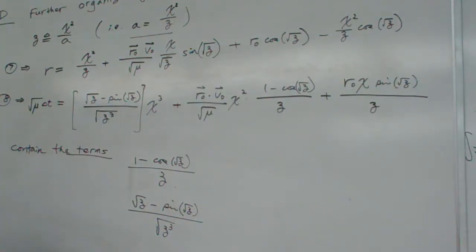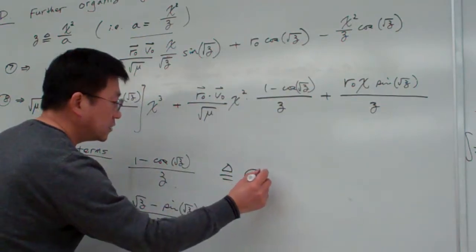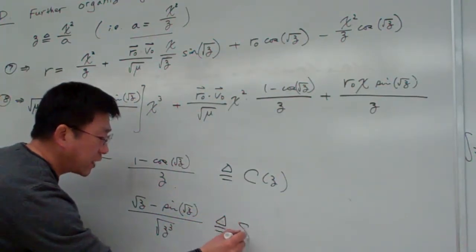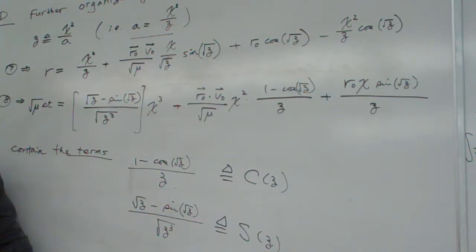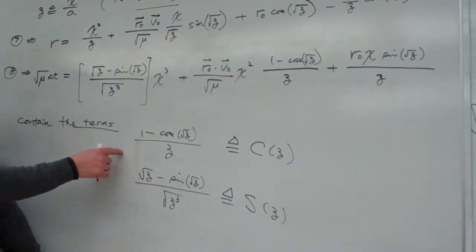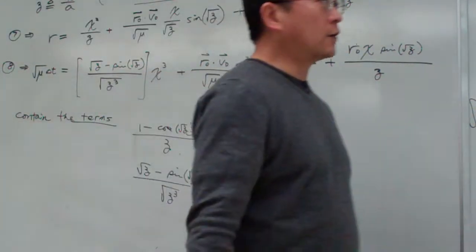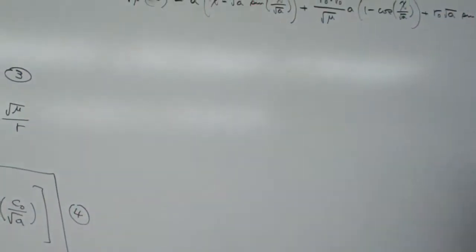So they came up with new functions. They simply define this as C(z), to mimic the cosine, and they define this as S(z), to mimic the sine. They introduced two new functions. In terms of these definitions, we can rewrite the two equations. Let me come up with 9 and 10. Those are what we need.